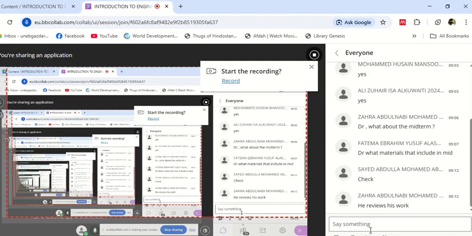Very good. He can review his work, yes, or he can help the other guy. That's another possibility. Okay. Now in both cases, or he takes rest, right?